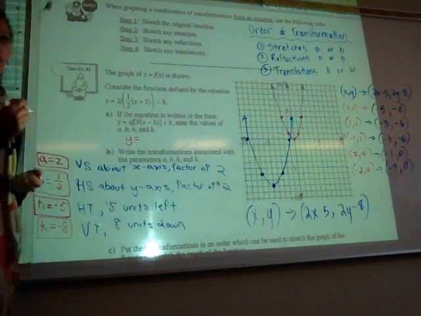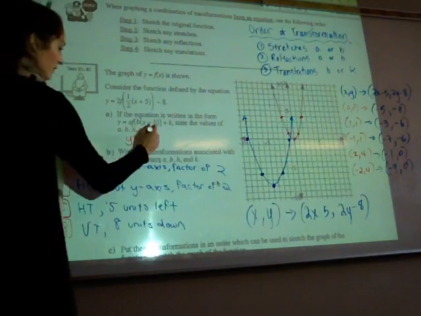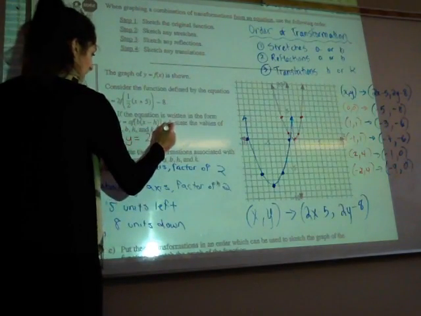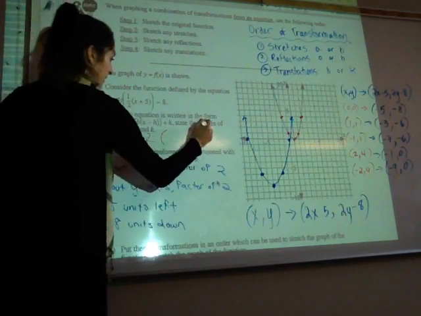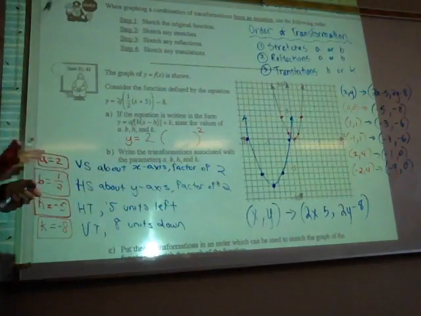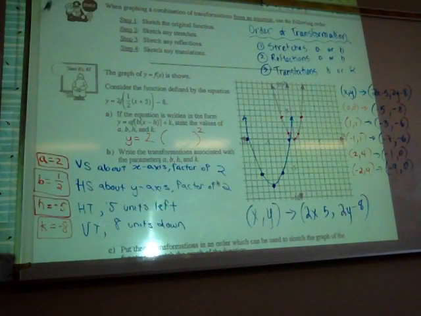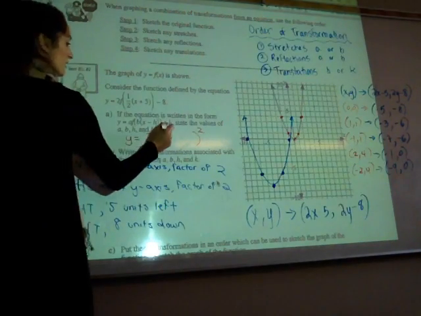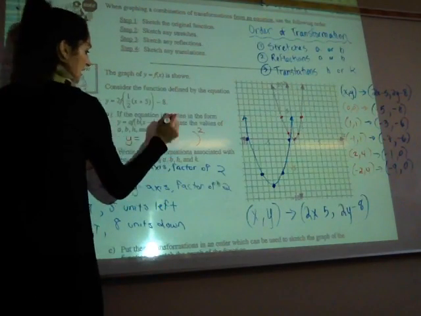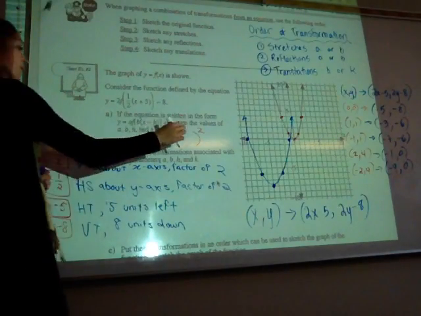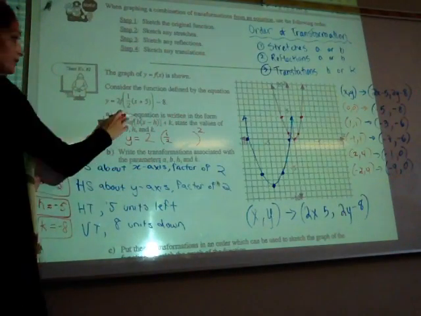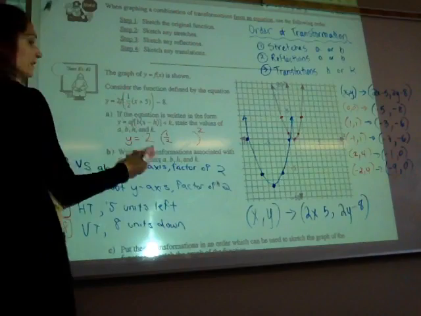So we have a vertical stretch by a factor of 2. That's going to go out front. Then we have the x squared, but within the x it's going to be replaced with a horizontal stretch and a horizontal translation. So we had a horizontal stretch by a factor of 2, but in the equation it's got to be the reciprocal, just like it showed in the function notation.